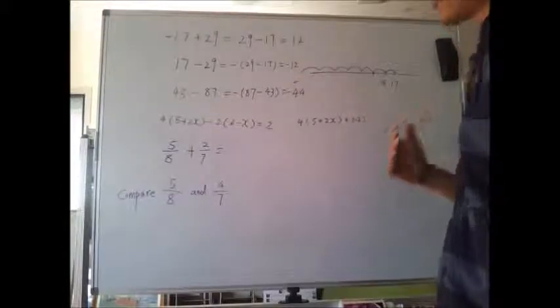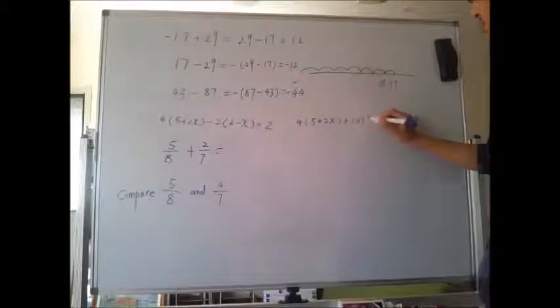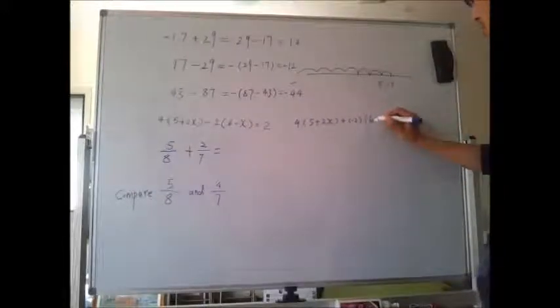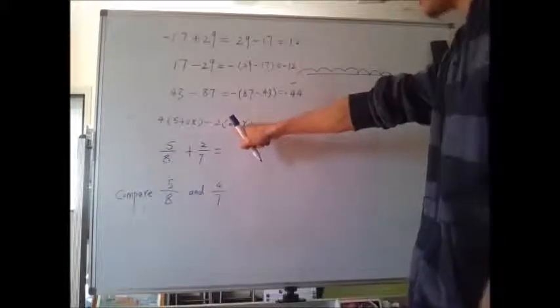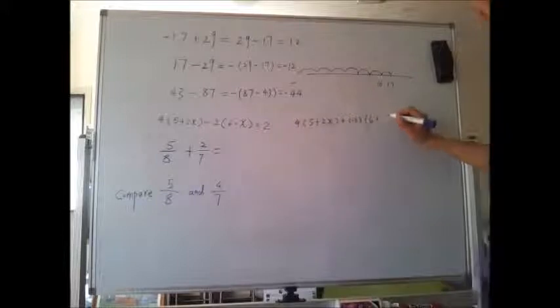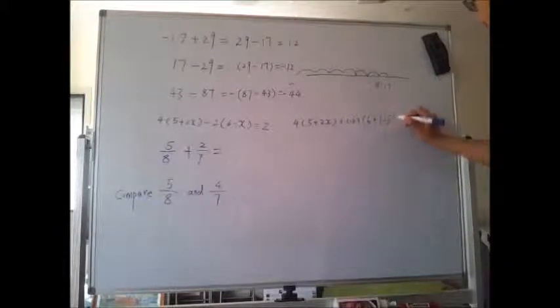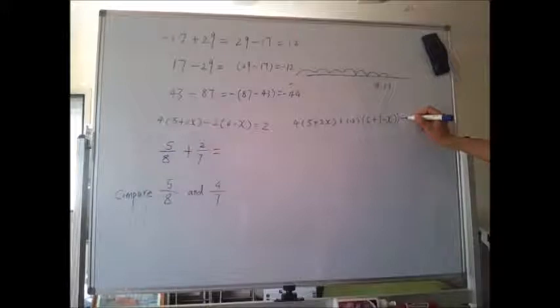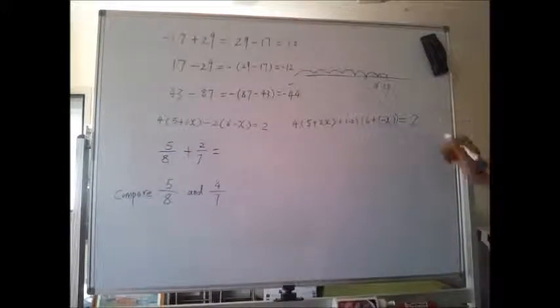In this way, it helps you to reduce the chance to make a mistake. And rather than say minus x, we say plus negative x. Equals the right hand side, which is 2.